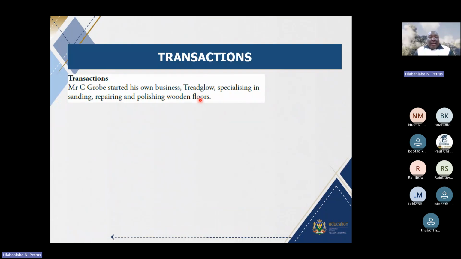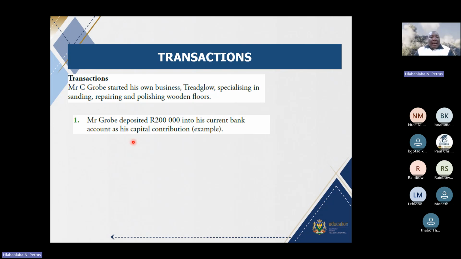So the business of this Mr. Krob is a services business. He's polishing wooden floors. Now, the first transaction: Mr. Krob deposited 200,000 into his current bank account.